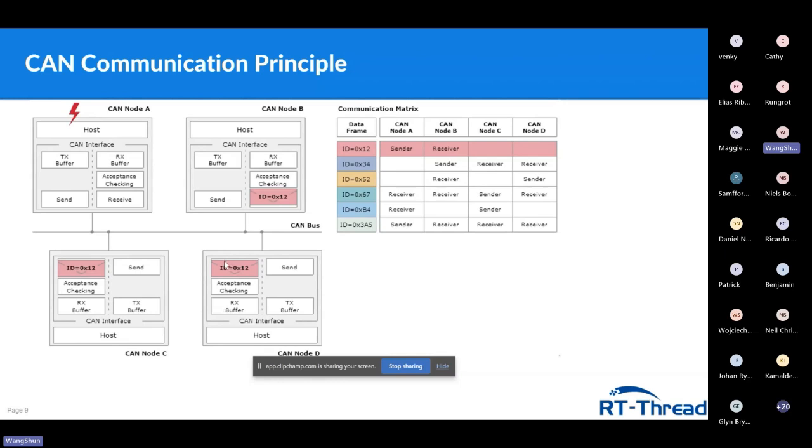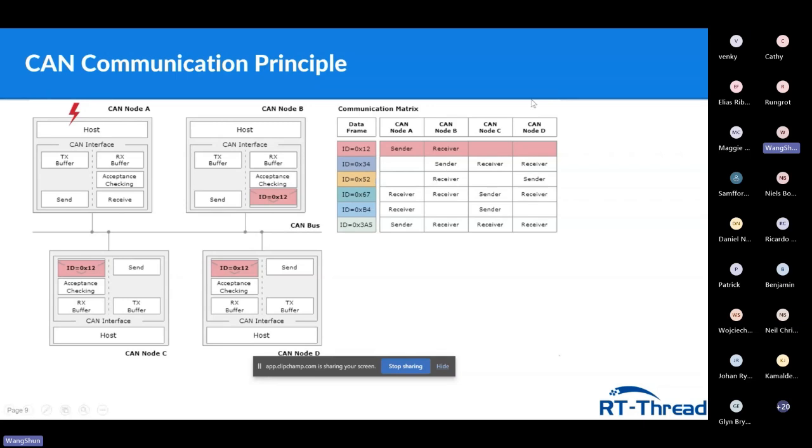You can think there are four nodes: CAN node A, B, C, and D. And you can think about this communication matrix. What you are seeing, 0x12, these are the message IDs. Let us suppose this is for brake, 0x12, and 0x34 is maybe for door open close, or 0x5 something related to infotainment.